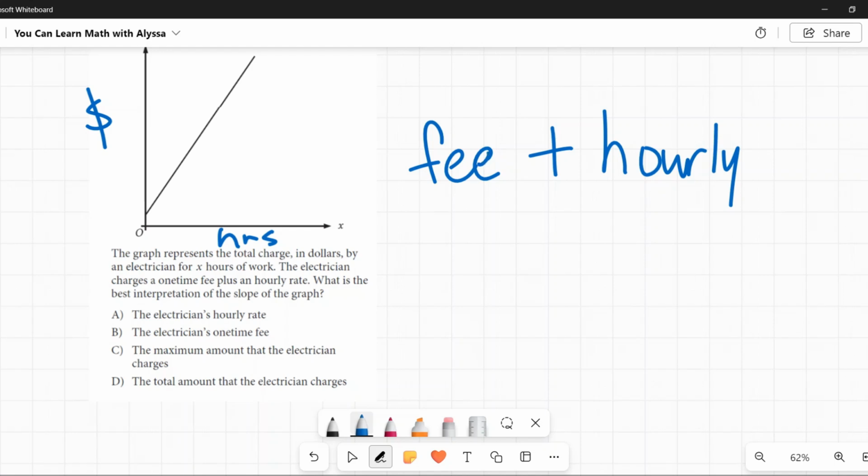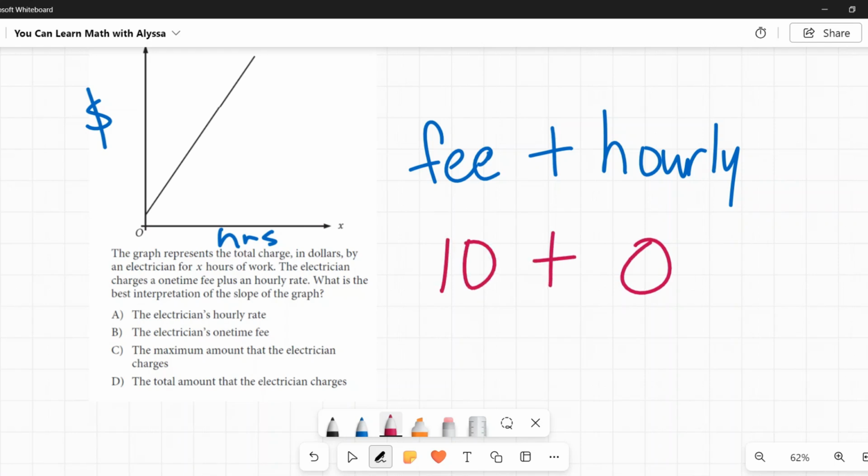So if he has a one-time fee, let's say he just shows up at your house and then says, nope, I can't work on this, and leaves. We're going to assume that this still would incur the one-time fee. So he didn't work for any hours at all, but he still charges you the fee. So at 0 hours, let's say he charges $10 just for showing up.